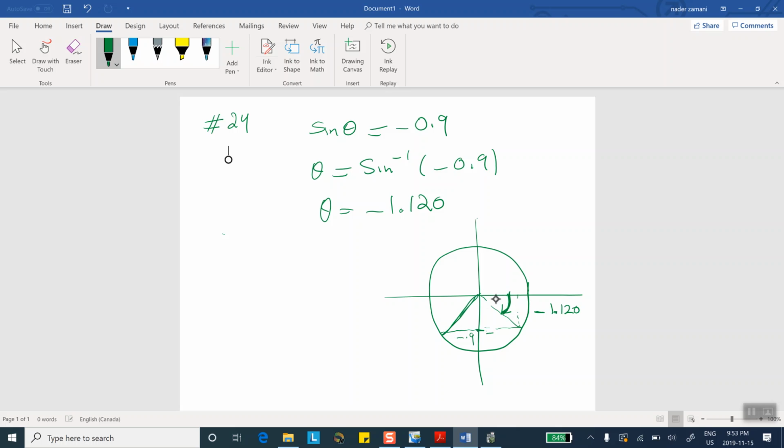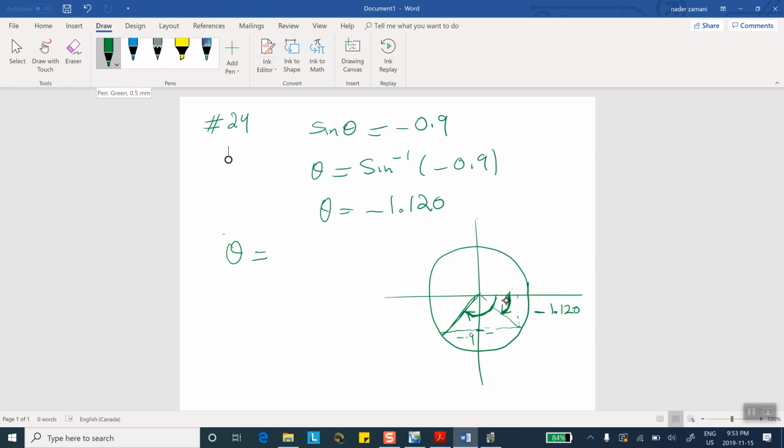This angle, which you can either do like this, or you can go in the other direction and give a positive value. So there's another value, which is, when you think about this, going to be pi minus. See, this is minus 1.120.